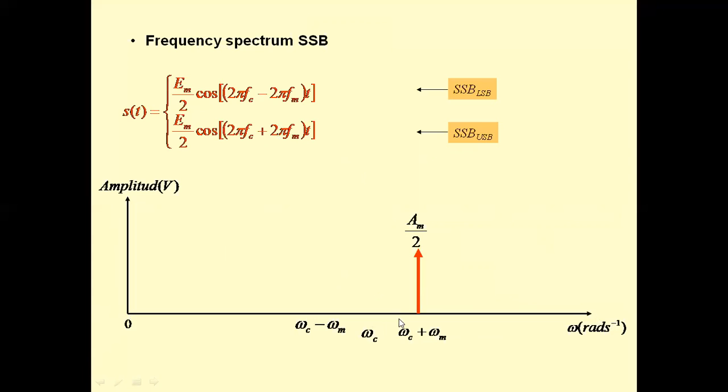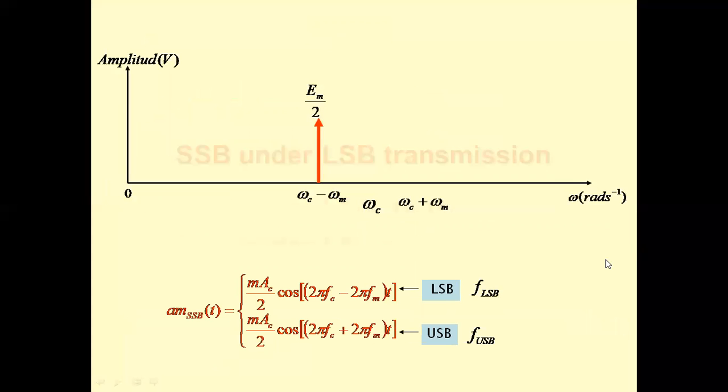In SSB modulation, the carrier is removed and the lower sideband is removed. We have only one sideband. What is this sideband? It is the upper sideband, omega C plus omega M. So the frequency spectrum of SSB contains only one sideband, either upper sideband or lower sideband.